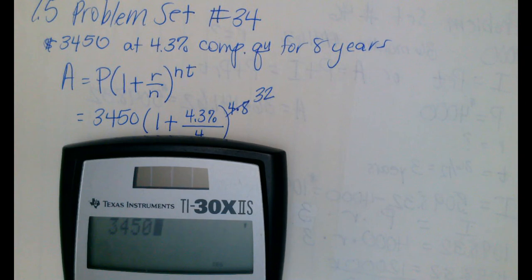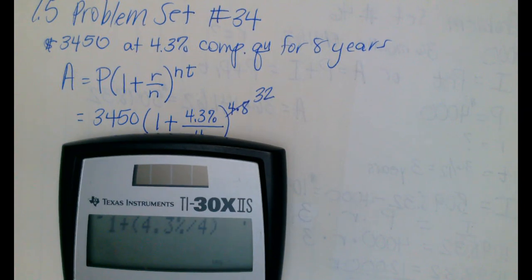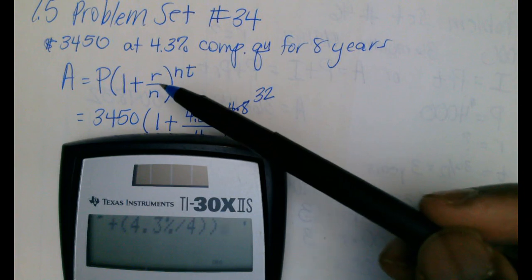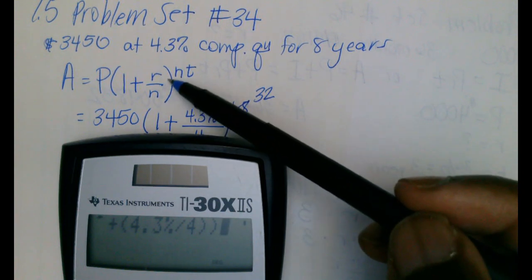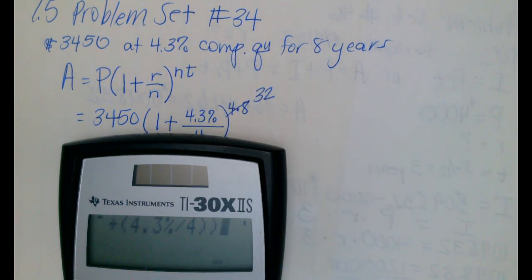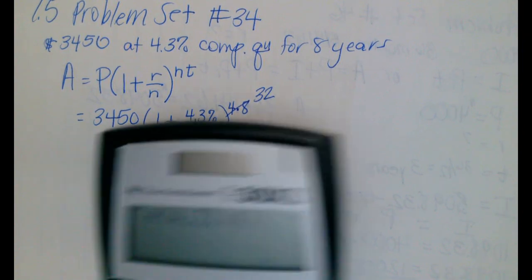So 3450 parentheses. Notice the formula had parentheses. I'm putting parentheses. 1 plus 4.3% divided by 4. I put fractions in the calculator around this. I don't think it matters, but I just do just to be safe. Caret button.